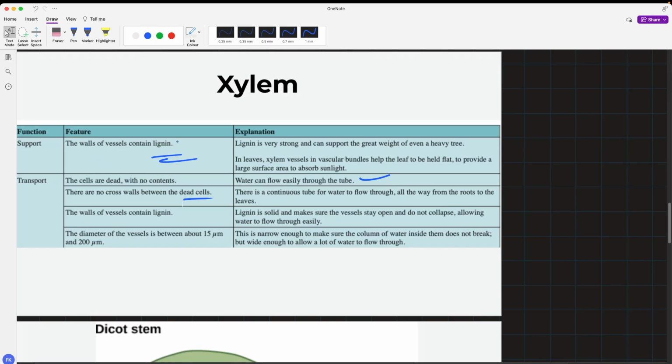The wall of the xylem vessel again contains lignin. Lignin is solid and makes sure the vessel stays open and does not collapse, allowing the water to flow easily. The diameter of the vessels is 15 micrometres to 200 micrometres.